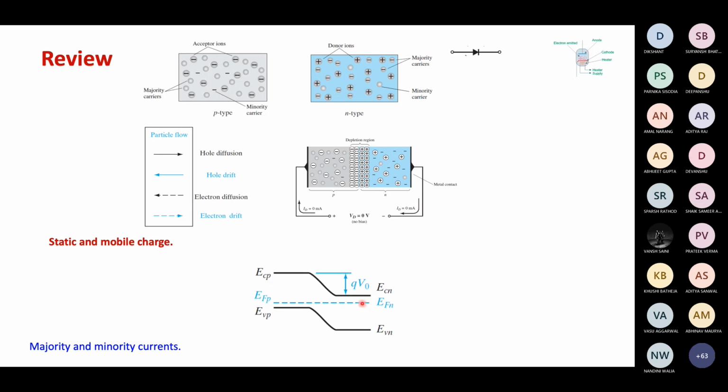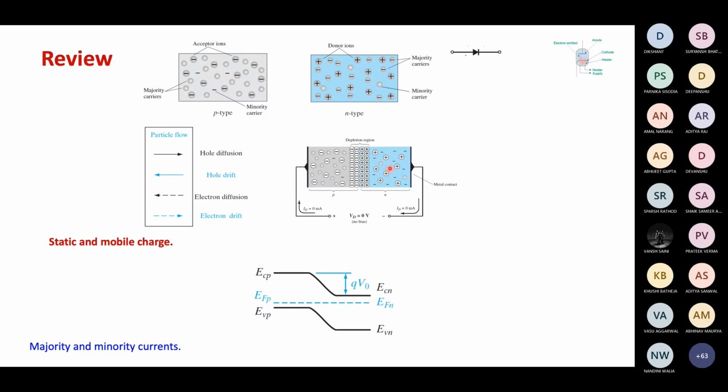So in any semiconductor material, be it p-type or n-type, the minority carrier concentration and the majority carrier concentration are closely related to each other.